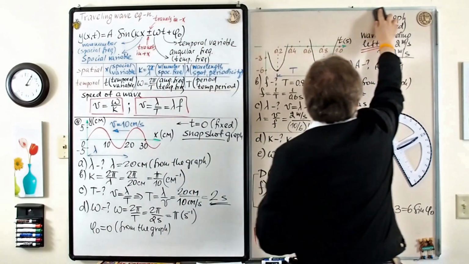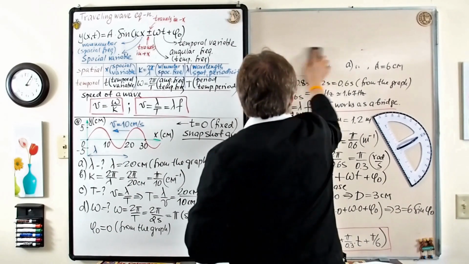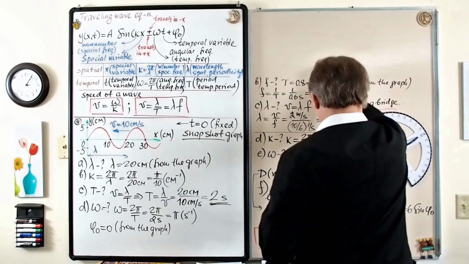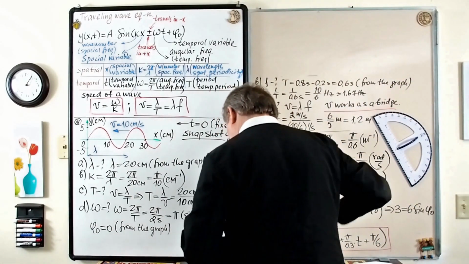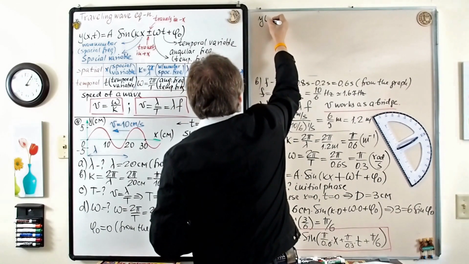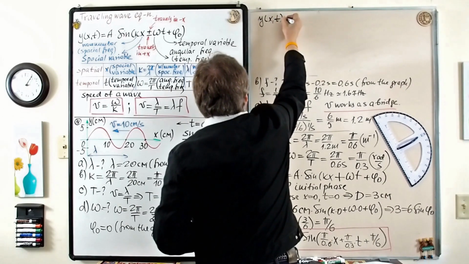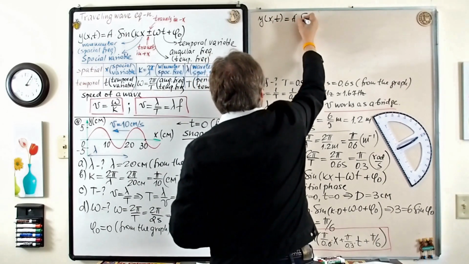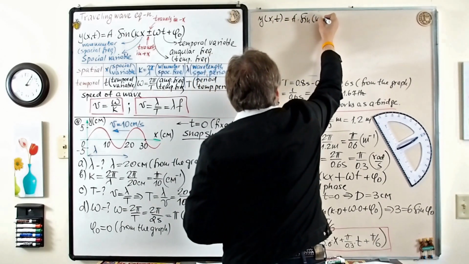So as a result, let me write first in general y as a function of x and t, a sine kx.